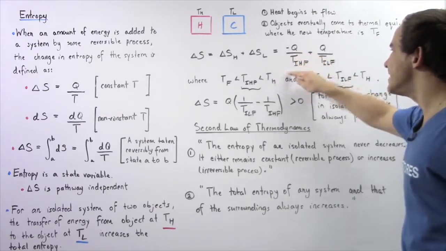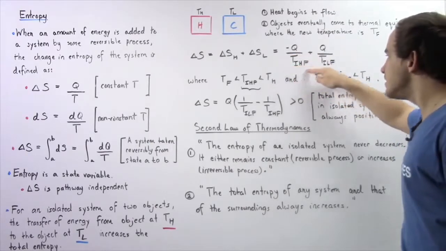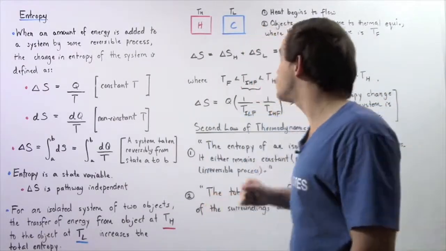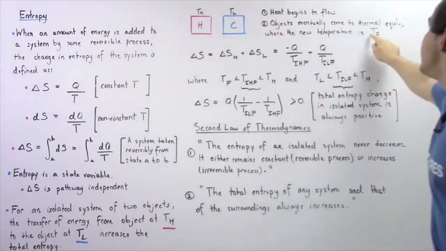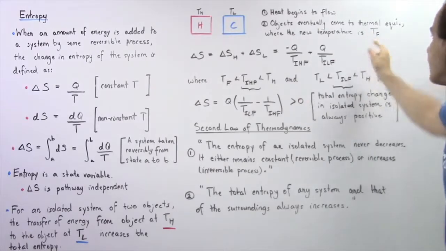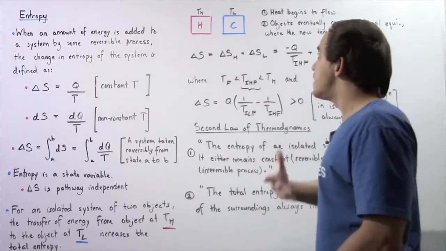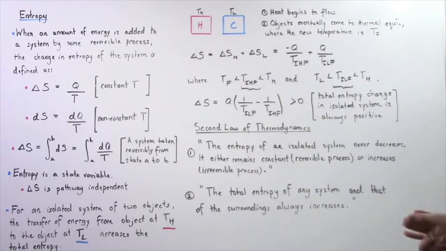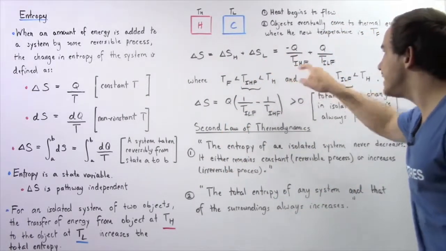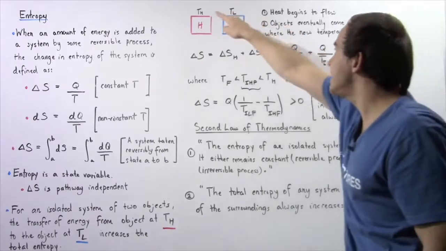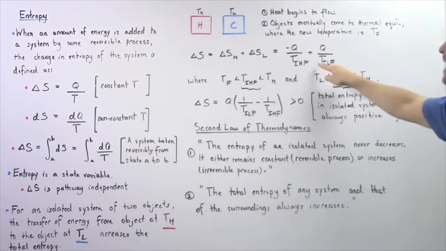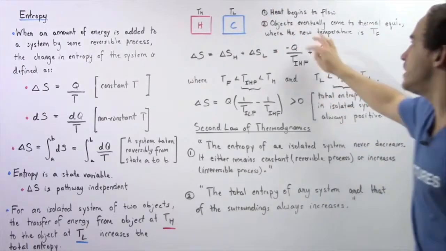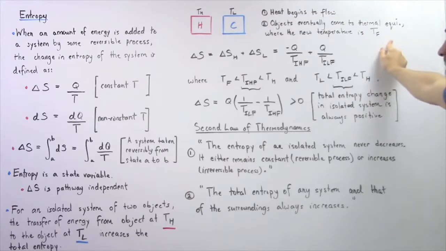Now, what exactly is this temperature? Well, this temperature is simply an intermediate temperature between TH and the final temperature. TF is the final temperature that is reached when the objects are brought into thermal equilibrium. So this is the intermediate temperature of this object between TH, the high temperature, and the final temperature, and this is the intermediate temperature of the other object between TL and the final temperature.